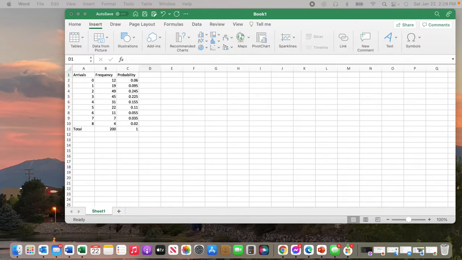We are going to multiply the number of arrivals by our probability. So that is the part of the formula. Let me just write that in here so we know what we're dealing with. Okay, so we have x sub i, and then times the probability.